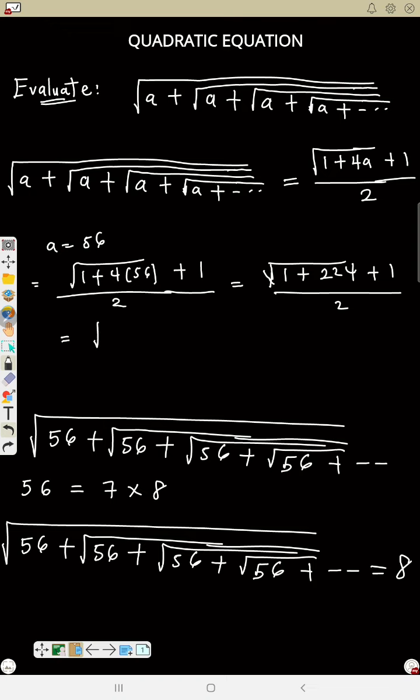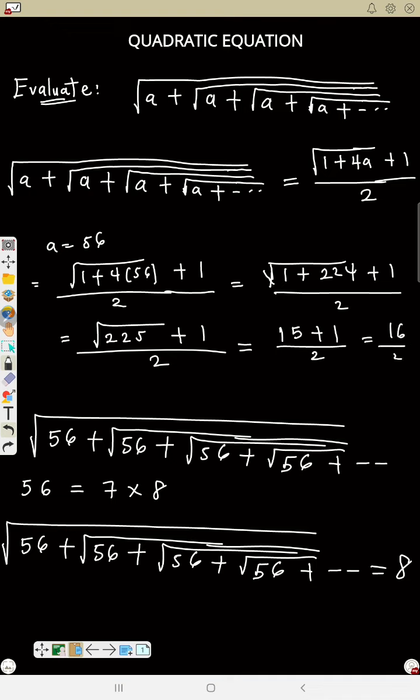So 224 plus 1, that is 225, plus 1 divided by 2. So the square root of 225 is 15, plus 1 divided by 2. That is 16 divided by 2. Then that is 8. So it's the same thing as 8, which is the product of two consecutive integers.